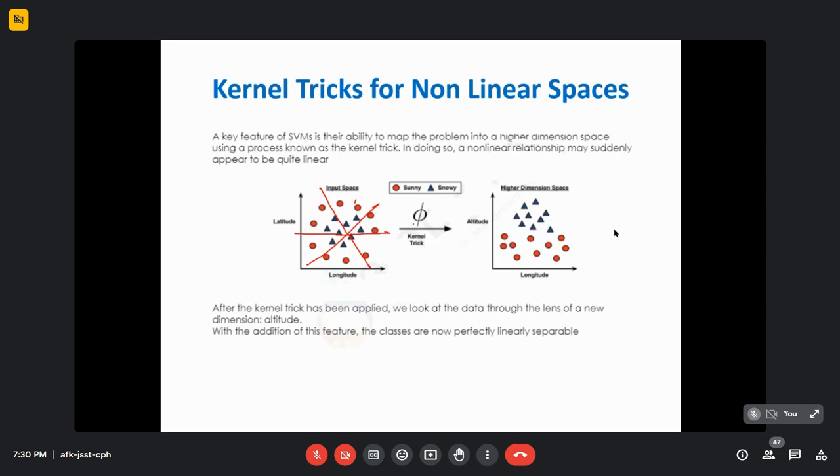First of all, your kernel trick will convert your non-linear data into linearly separable, and then you can apply a hyperplane between them to classify. These kernel tricks are really very important whenever you have non-linearly separable data.